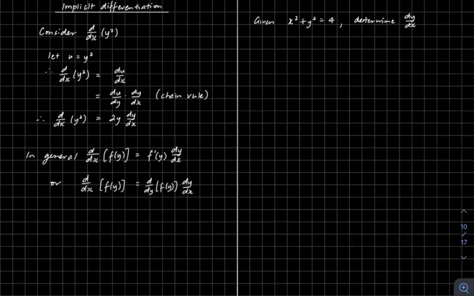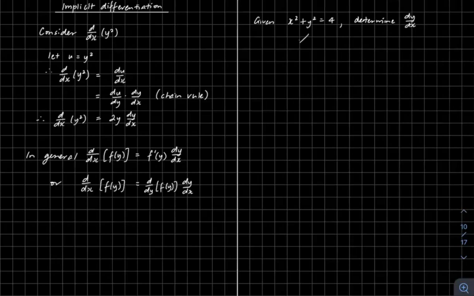Looking at that, hopefully you recognize that's the equation of a circle. It's centered at the origin. Its radius is 2. And up until now, if we wanted to determine the derivative, the gradient of that curve, we would change it from the form it's in now, which is an implicit expression, into an explicit expression in y.